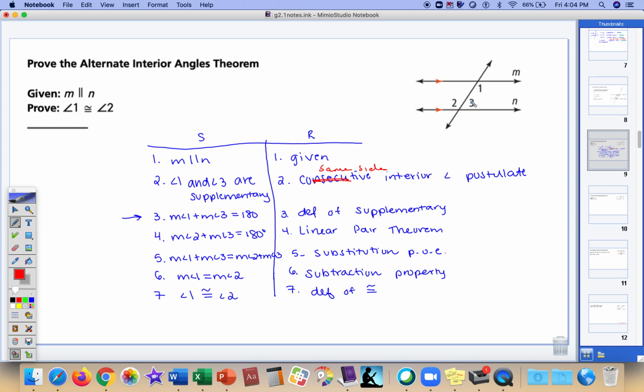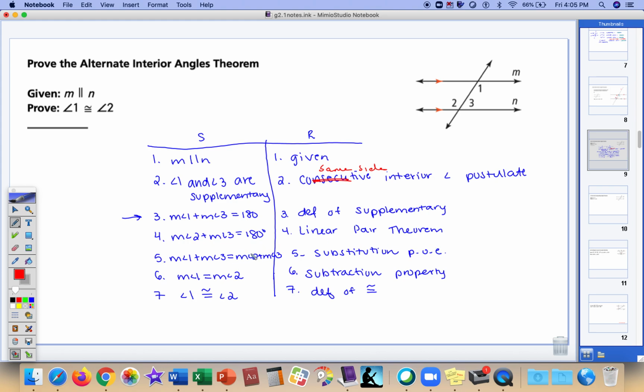We have a linear pair here. And now because step 3 and step 4 are both equal to 180, we can say that the measure of angle 1 plus the measure of angle 3 is equal to the measure of angle 2 plus the measure of angle 3. And that is the substitution property of equality.